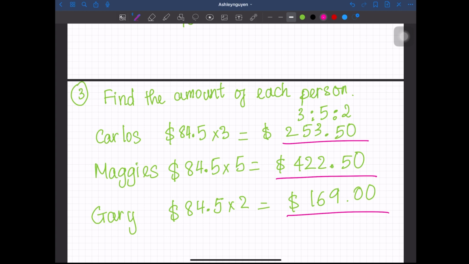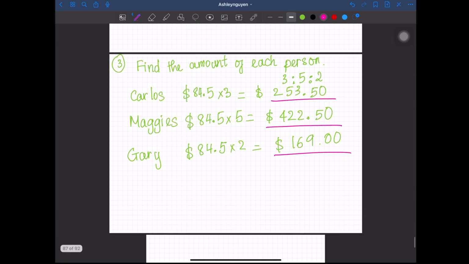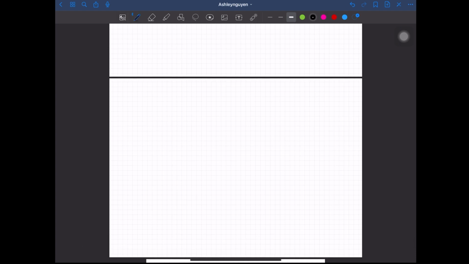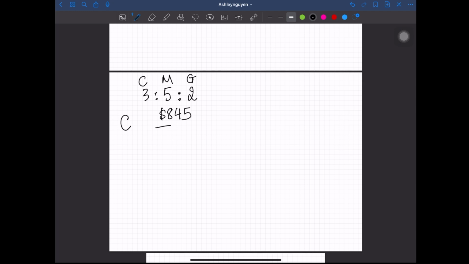In working with ratio, it's important to follow the procedure. However, you can work it in the shortest way. So whenever you have the simplest form of ratio, indicate it is 3 to 5 to 2. And you know that Carlos, Maggie, and Gary, the amount of money that Carlos have will equal the total amount over 3 plus 5 plus 2 times by 3, because he have 3 parts in here.